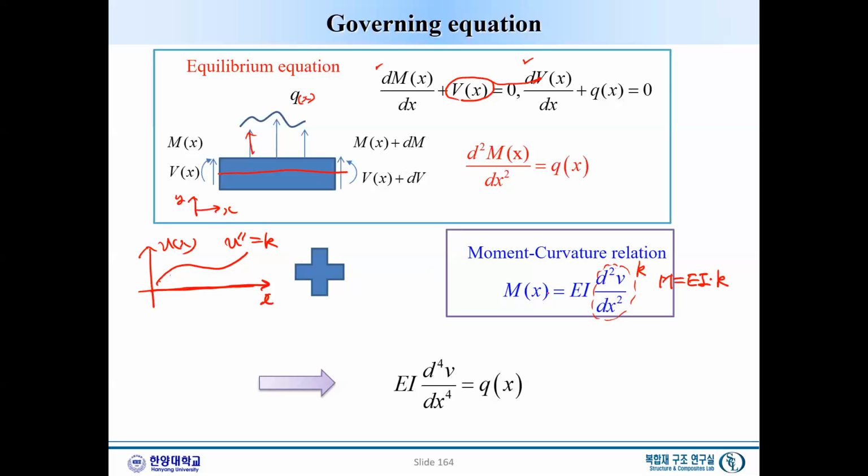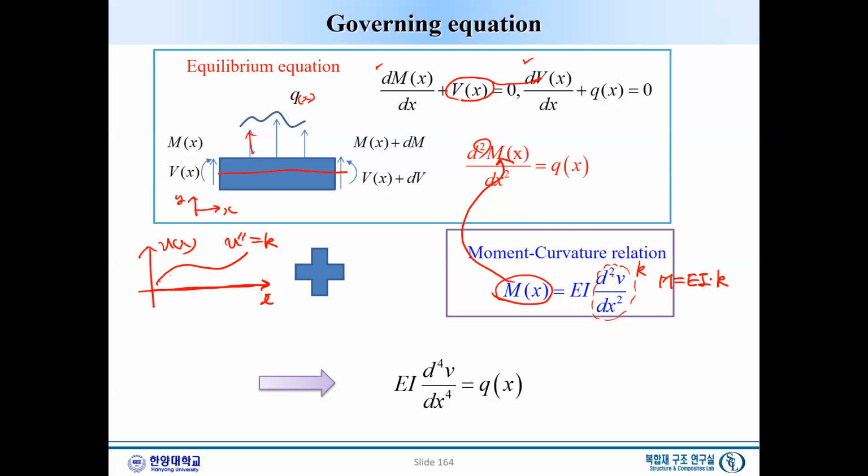So moment equals EI times the second derivative of the deflection, that is the moment curvature relation, and then we substitute this moment into the equilibrium equation.